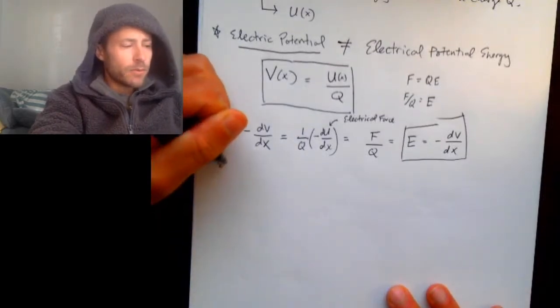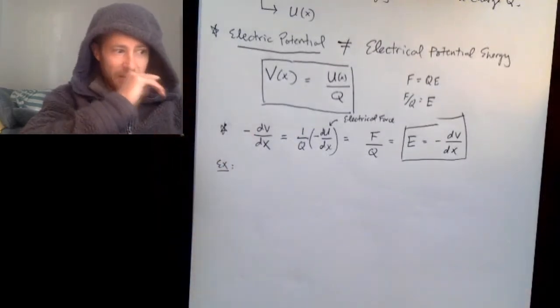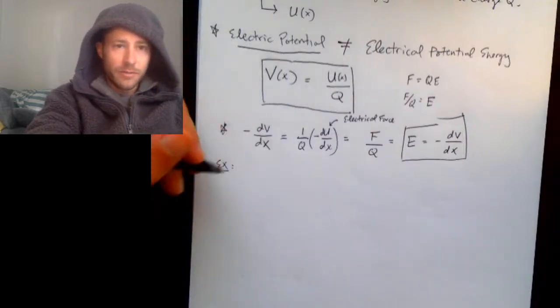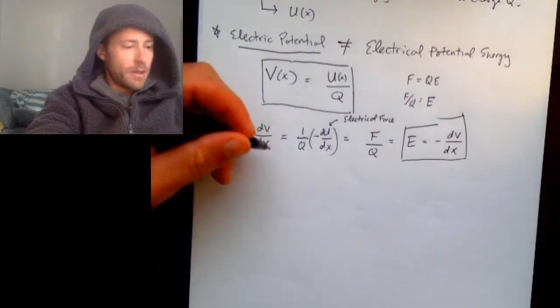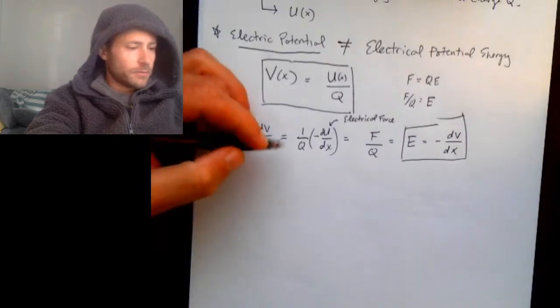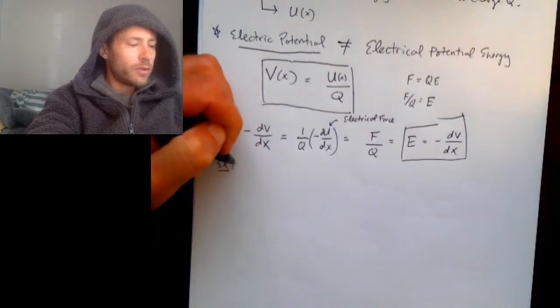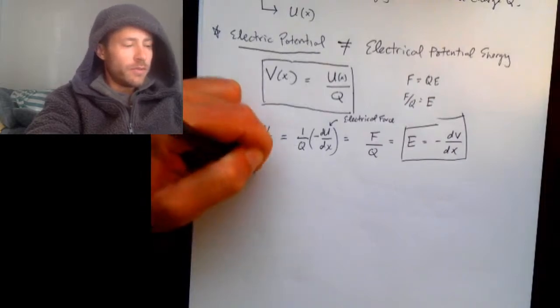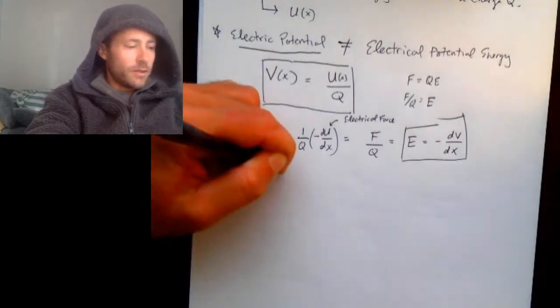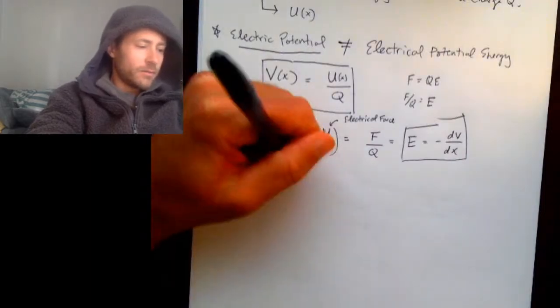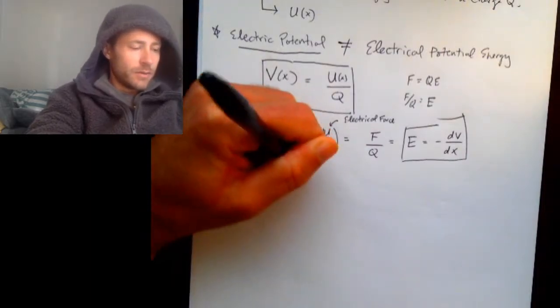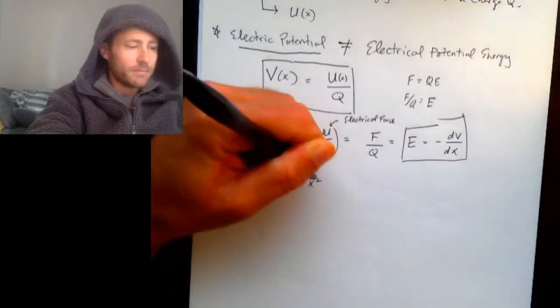So, for example, I will just do the briefest of examples here. Let's suppose that V of x is equal to, I don't know, 7 over x squared.